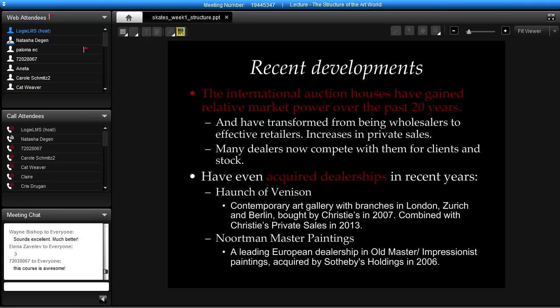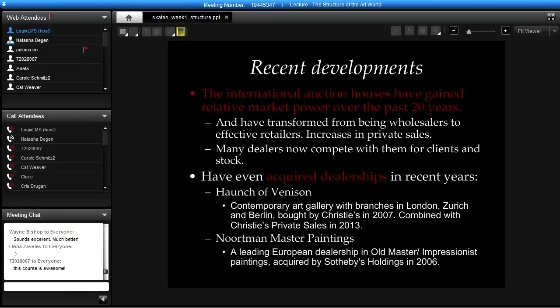And the person who really revolutionized the auction as an event was Peter Wilson of Sotheby's, who in the 1960s transformed auctions from wholesale events meant for industry insiders, meant for dealers, into these glamorous gala evening events where they invited celebrities and tried to attract as much publicity as possible.